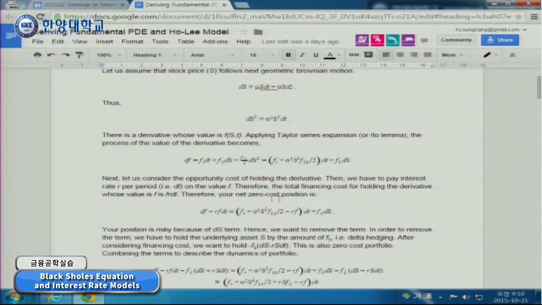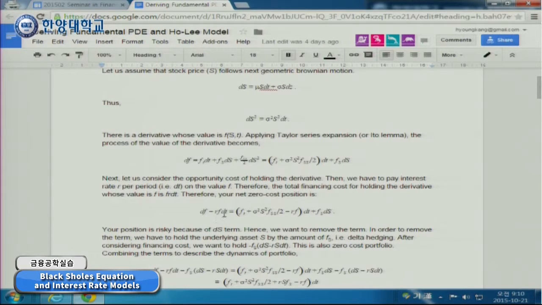Therefore, your net zero cost position, basically your profit, which is revenue minus cost, looks like this. This is basically similar to the previous one, except for the Rf term, and this is your profit. So basically, you didn't invest anything, you didn't invest your net money. You borrow money from the bank and invest in the derivative directly.